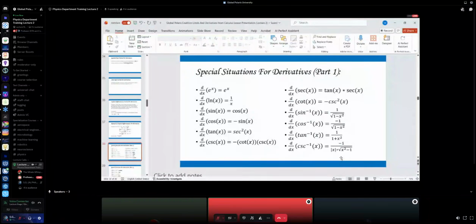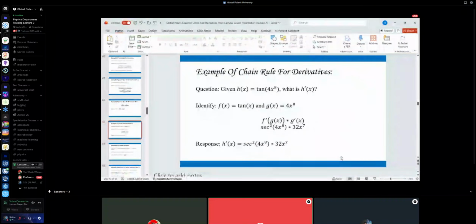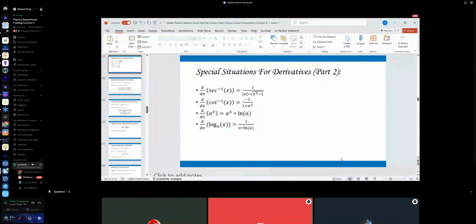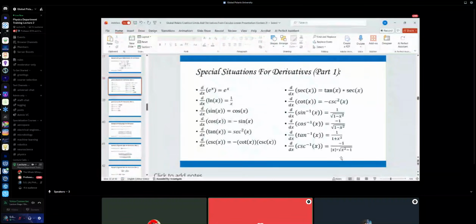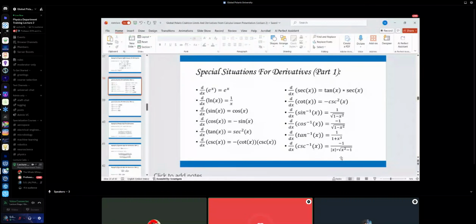This is what I was saying about the product rule, quotient rule, and chain rule. Some of the more advanced problems require you to understand special situations that are not easy. If I told you what's the derivative of sine of x, or derivative of cosine, you might get confused with the definition. So similar thing, you might have to memorize these.